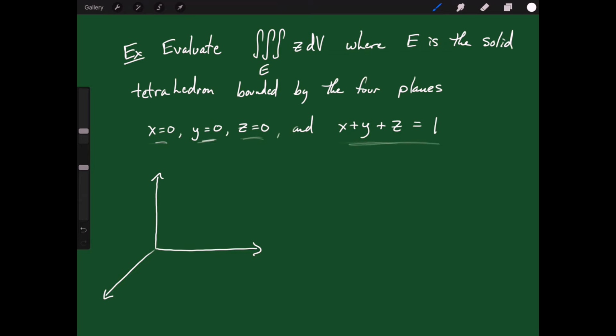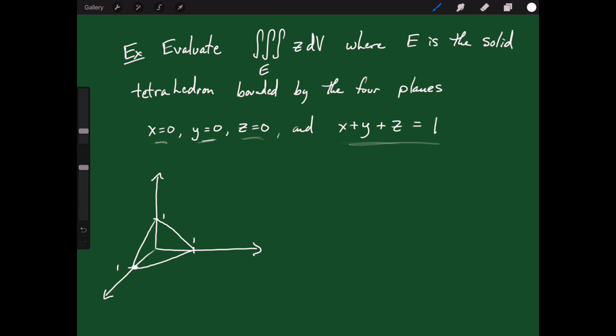But I'd like you to notice something about this one other plane, and that is that there are 3 points that I know are on it, and that's 1, 0, 0, or right here. This is the point 1, 0, 0. 0, 1, 0 would be on it, and 0, 0, 1 would be on it. So if I connect these 3 points, I get the piece of that plane that would be inside the first octant.